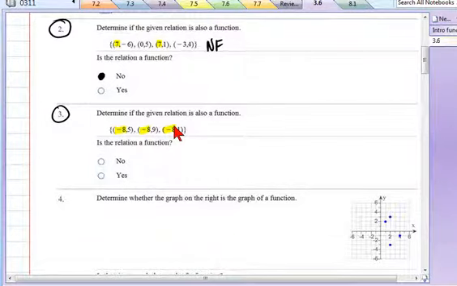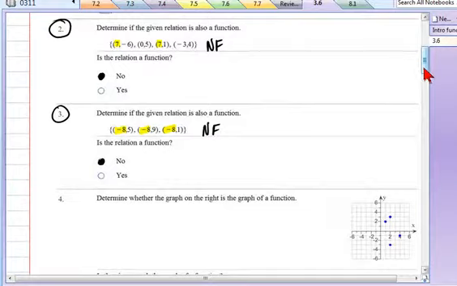Okay, she's going out with all those different y's. So this is a no. We don't even care what the y's are to determine if something's a function. You're only checking on the x's to see if something is a function. Each x has to be distinct or different.